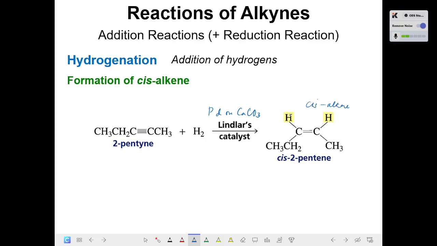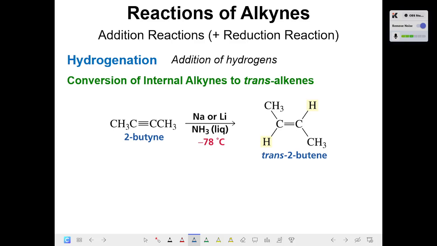So, bakit siya cis alkene? Kasi yung addition ng ating H will be on the syn addition fashion. So, we say syn on the same side. Okay? Yan. So, from 2-pentyne, so this is 5 carbons, the triple bond is between 2 and 3. And then, if you undergo Lindlar catalyst with hydrogen gas, so you will form cis-2-pentene.